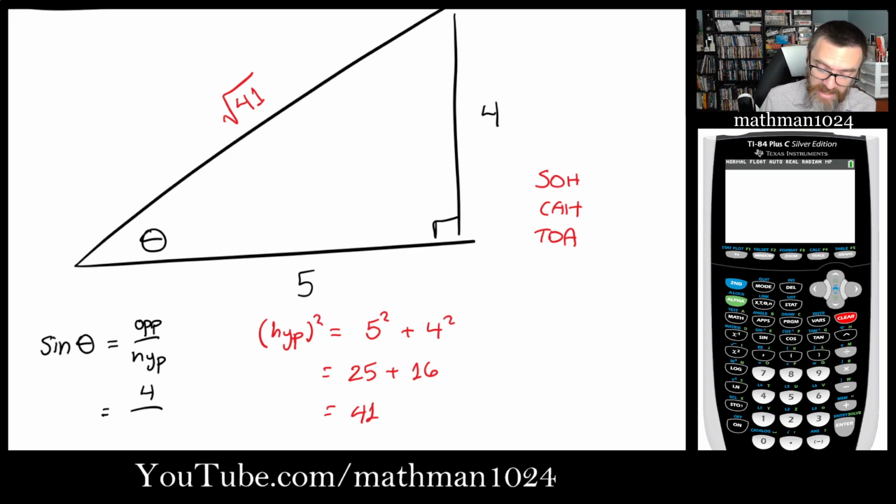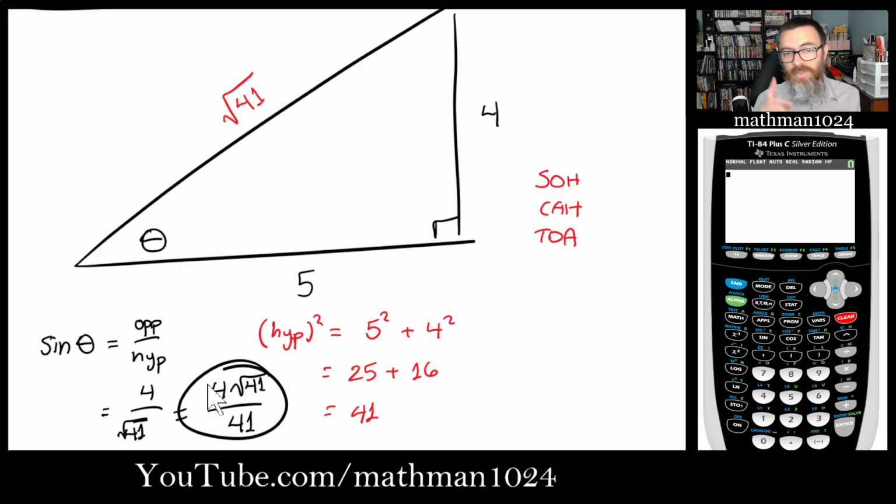So the sine is opposite over hypotenuse, 4 over the square root of 41. We want to rationalize this, make it look a little bit nicer. So that's 4 square roots of 41 over 41. All right, that's one function down. Well, what about cosine?